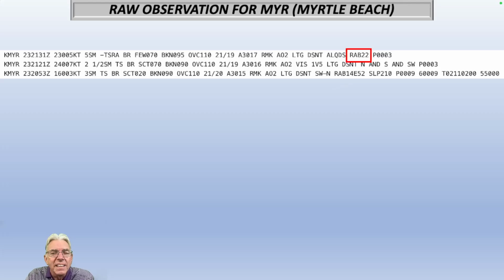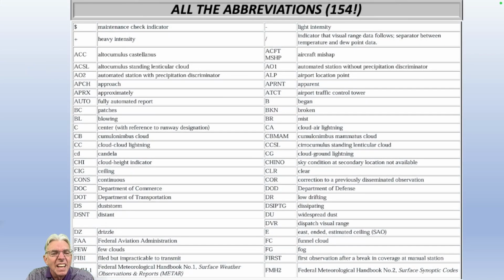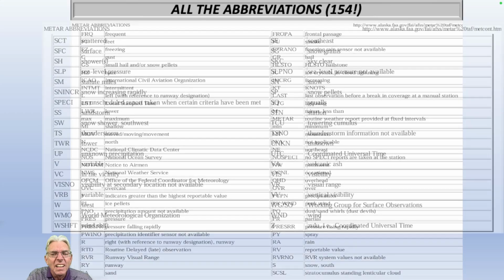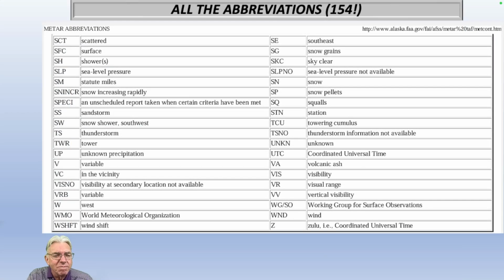Okay. Now, do you want to know how many different abbreviations there are for METAR reports? 154. Now, not all of them are weather related. Some tell you other types of information, but all the abbreviations are there. That's page 1, page 2, and page 3.